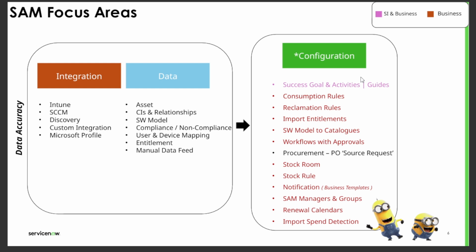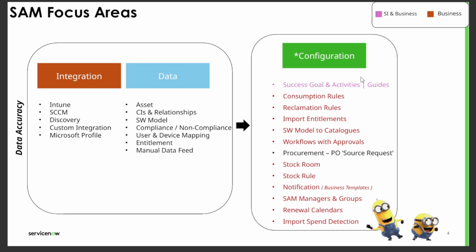Last two items: renewal calendar. This renewal calendar is part of your entitlement: when the entitlement was purchased, when the entitlement is going to end. This type of configuration we are going to do in this renewal calendar.